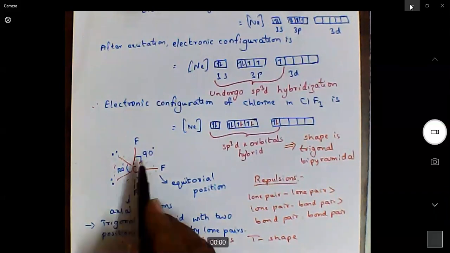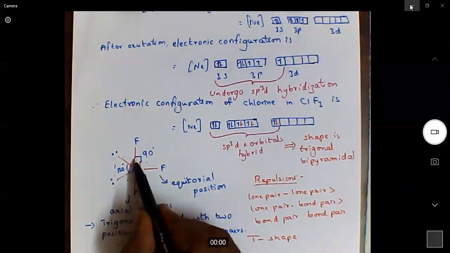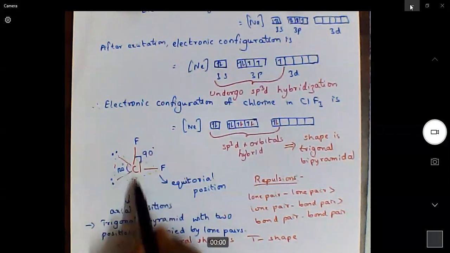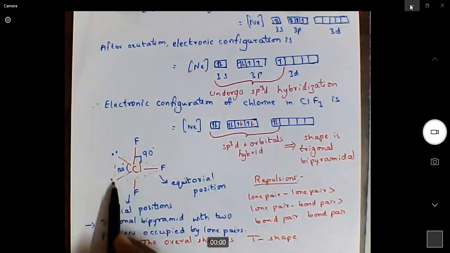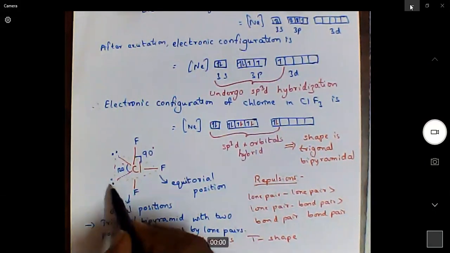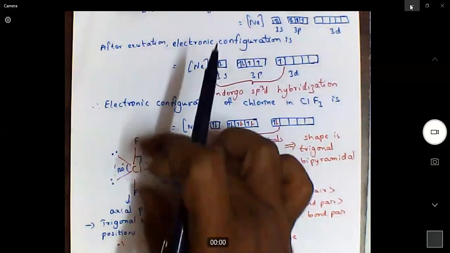Generally, we can expect 90 degrees and 90 degrees, but here it is not exactly 90 degrees. It will be a little bit lesser than 90 degrees. So when we consider this fluorine to fluorine bond angle, generally we can say it is 180 degrees if it is a perfect T shape, between these two fluorines. But here we have two lone pairs which will have very high repulsions. So in order to minimize the repulsions, these two lone pairs will push towards fluorine. So these fluorines will also be pushed like this.